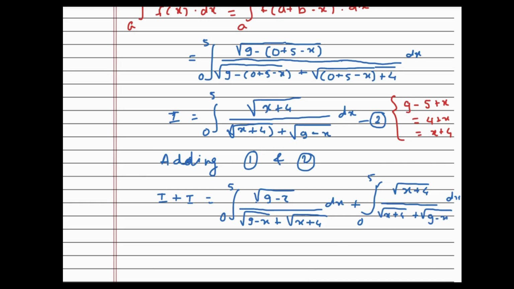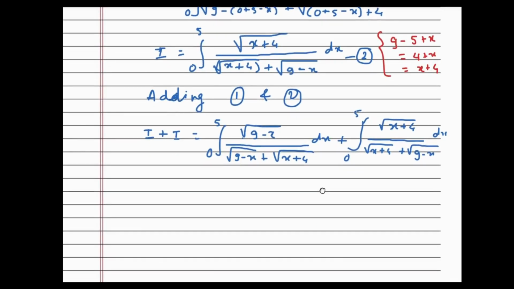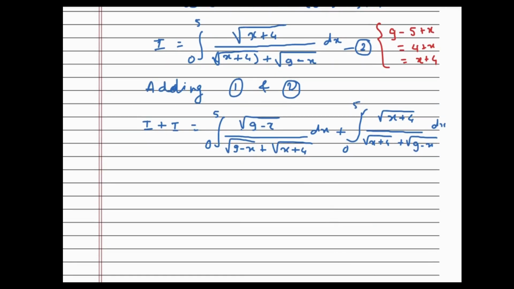Now if you observe these two integrals carefully, the denominator of both of them is the same. So we can write here on the left hand side I plus I, which is 2I, and if we add these two integrals, the denominator is the same, the terms are interchanged.